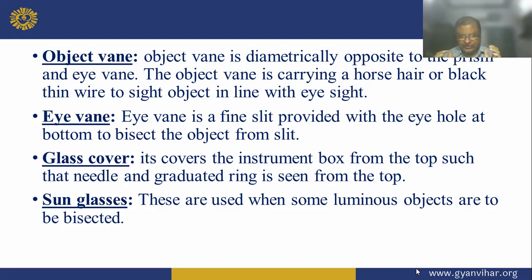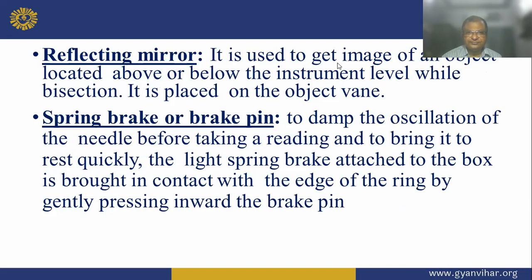These are used when some luminous objects are to be sighted. Now the reflecting mirror. It is used to get the image of an object located above or below the instrument level, and it is placed on the object vane.